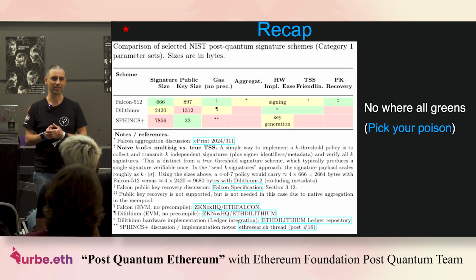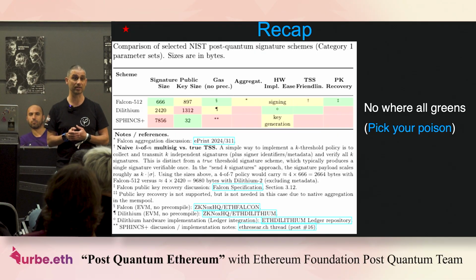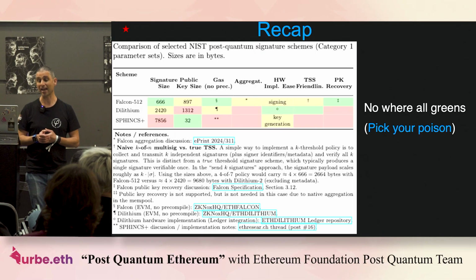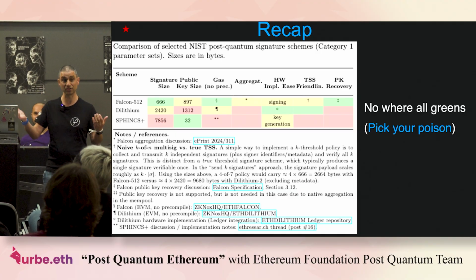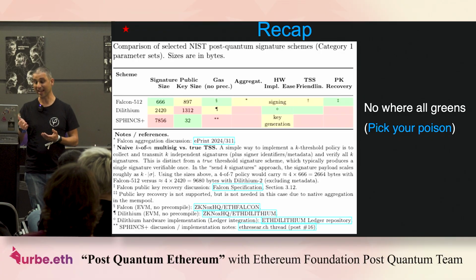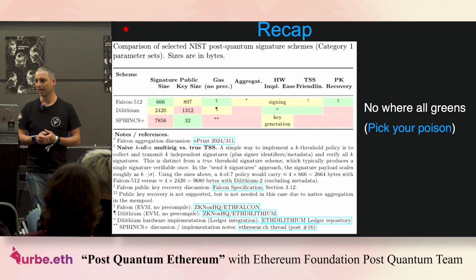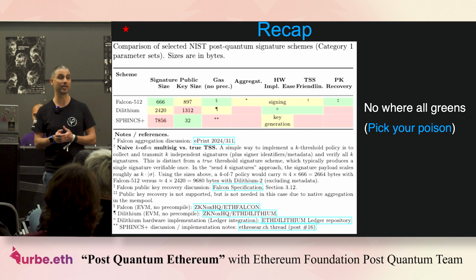Just to give you an example, at the moment, elliptic curve signatures are about 64 bytes. And the shortest post-quantum signature size is 666. So it's 10 times bigger, and it's the shortest. SPHINCS+ is 8,000. So it's a lot. But even Falcon, which has small signatures, has a problem with hardware implementation.